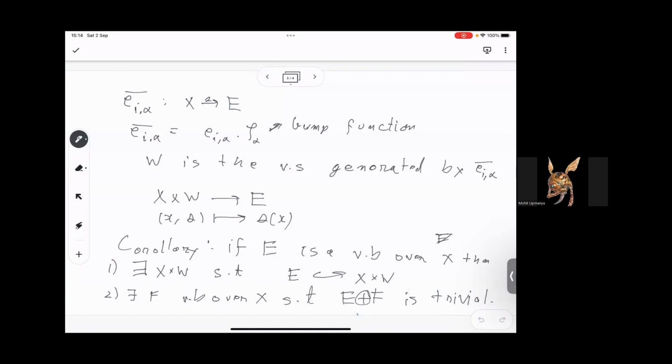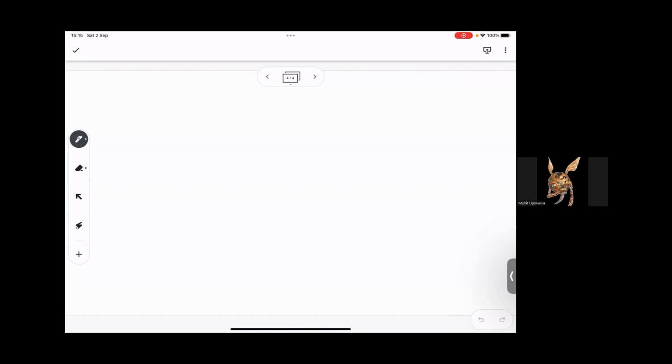But we have no real control over the size of this cover, so we don't really know. We can say that W is of dimension the size of the finite cover that we had, times the rank of E. Anything else?